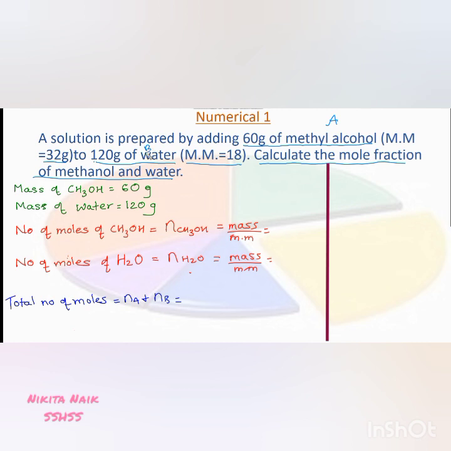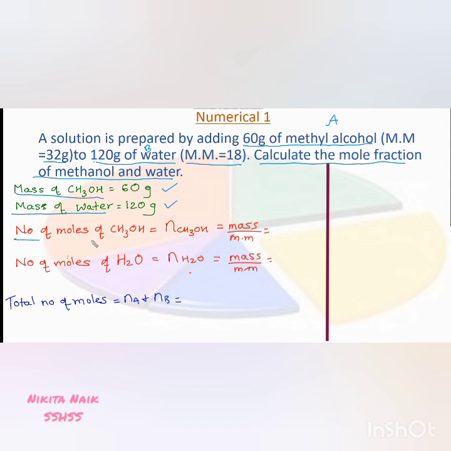So here there are two components. Component A is methyl alcohol and component B is water. Let us write what is given to us. Mass of methanol is 60 gram, and mass of water is 120 gram. Now for calculation of mole fraction, number of moles are required.